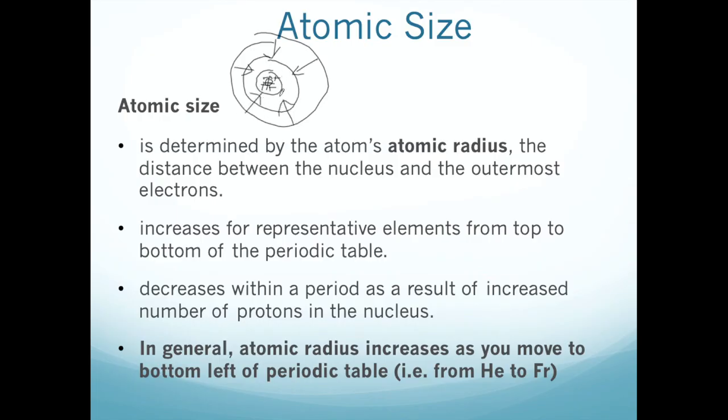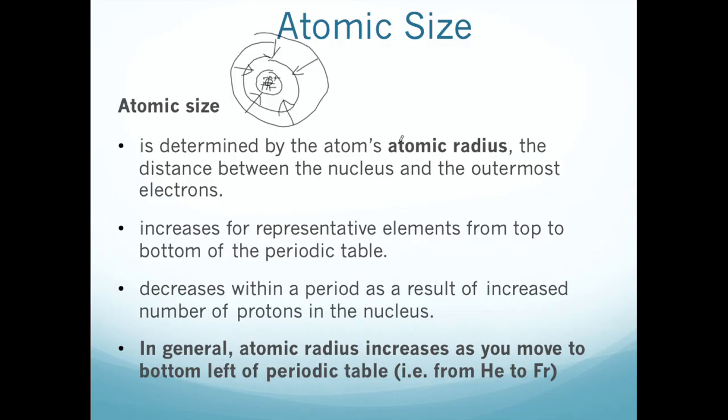So as you go from left to right in your periodic table and you're adding more and more protons, your atoms get smaller because that nucleus is pulling harder on those shells of electrons. So generally speaking, your atomic radius or atomic size decreases as you go from left to right on your periodic table.